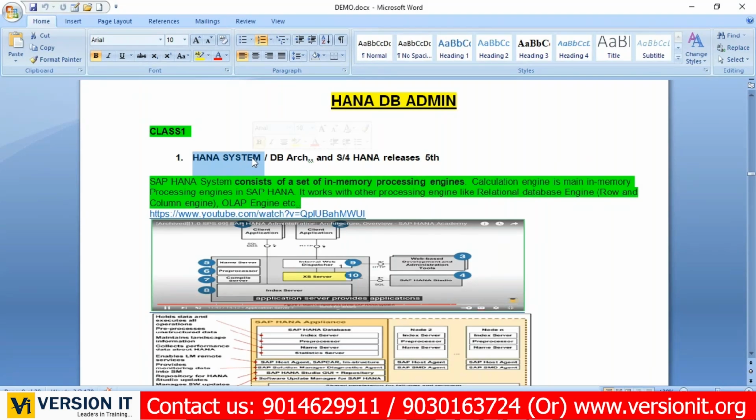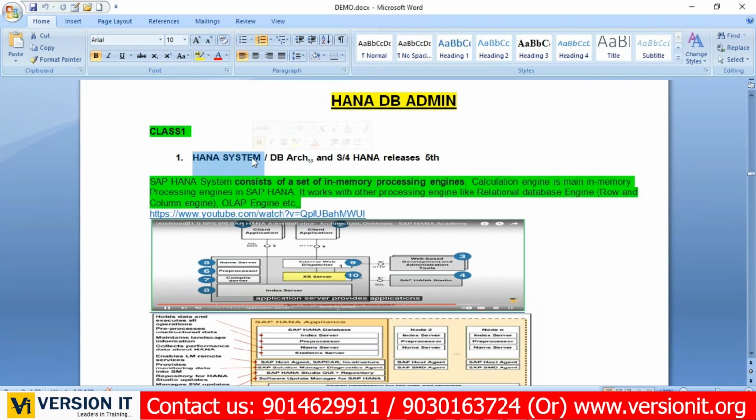So SAP owners started thinking, why don't we build a database system which totally resides in RAM, which will be 1,000 times faster than other traditional RDBMSs, so that the reports come to the business as early as possible.